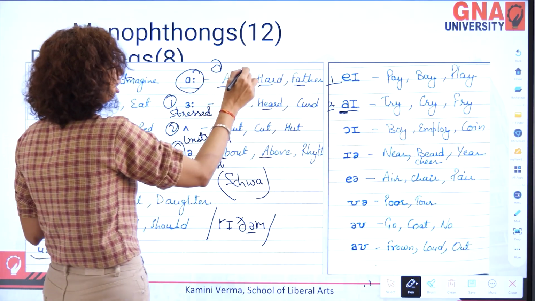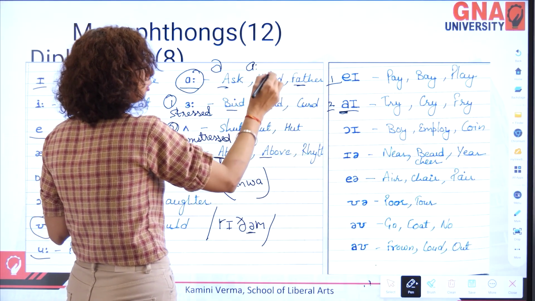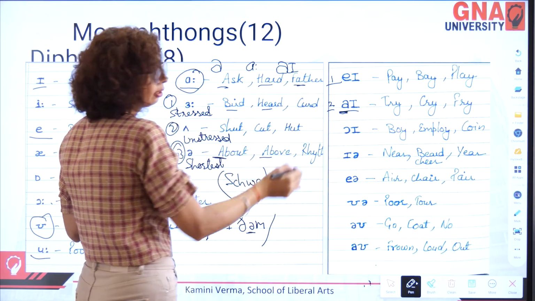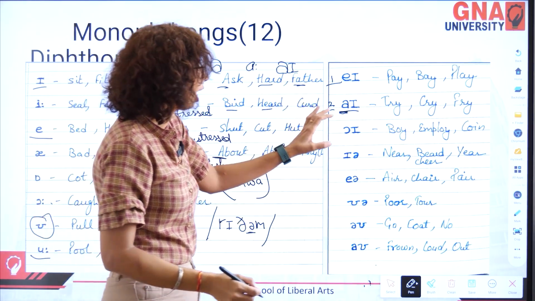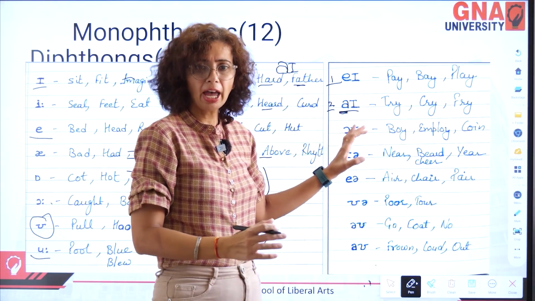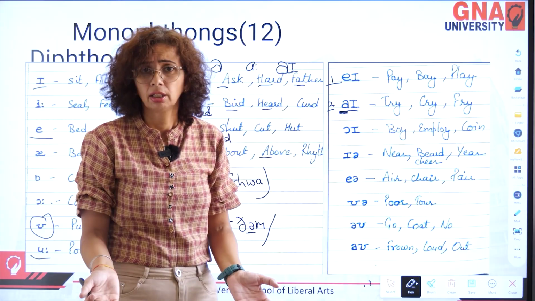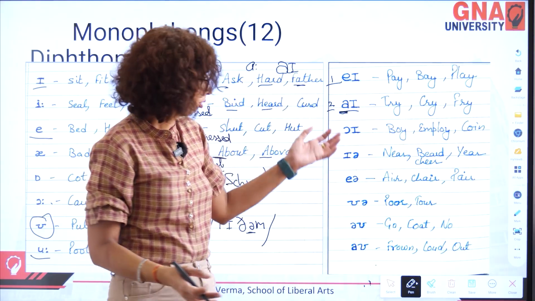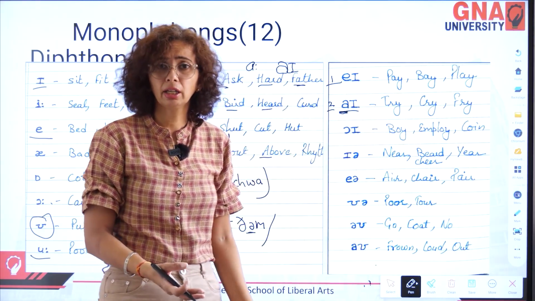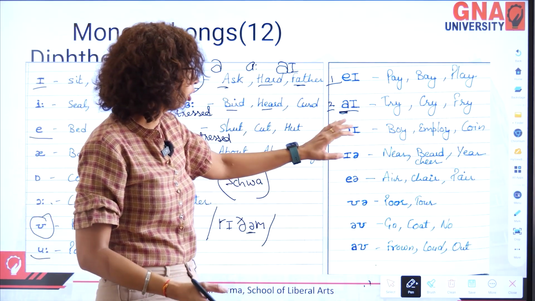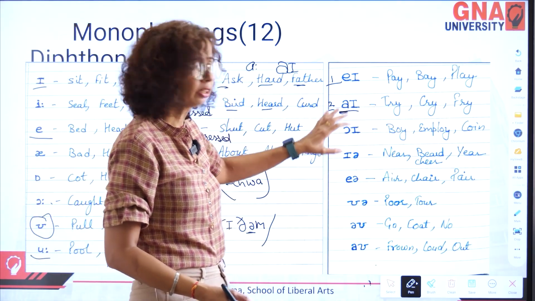Here we are writing R like this, but when we want to add it in the form of a diphthong, we change the position like this. So this is the I sound in English, as in the letter I itself, and the words try, cry, fry. These are all examples of the I sound.